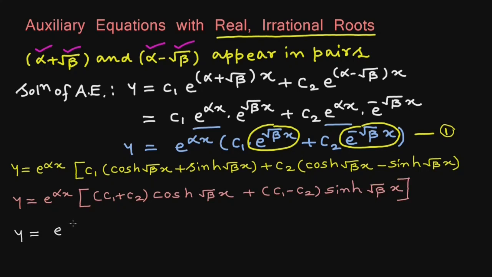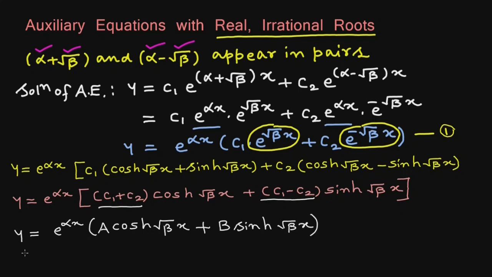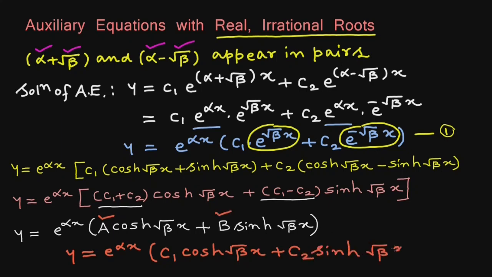Putting a for c1 plus c2 and b for c1 minus c2, y equals e raised to alpha x into a cos h root beta x plus b sin h root beta x. In the regular form, we write y equals e raised to alpha x, and substitute arbitrary constant c1 for a and arbitrary constant c2 for b: c1 cos h root beta x plus c2 sin h root beta x.